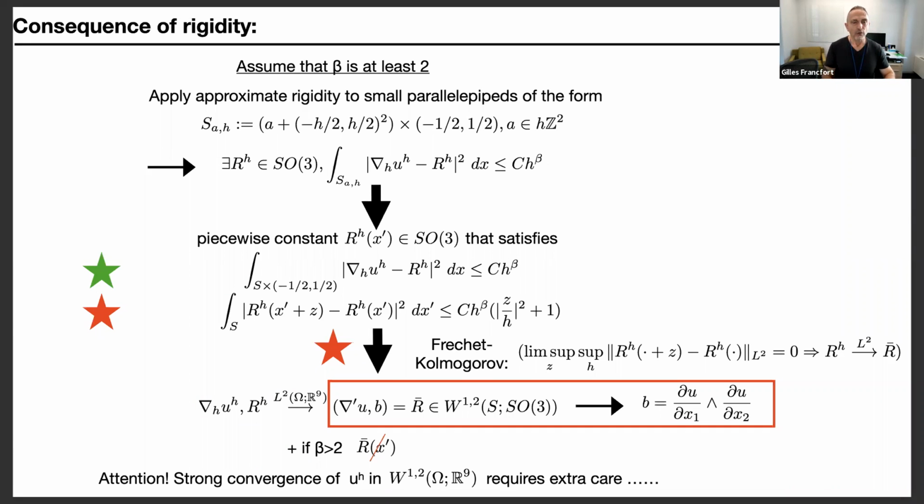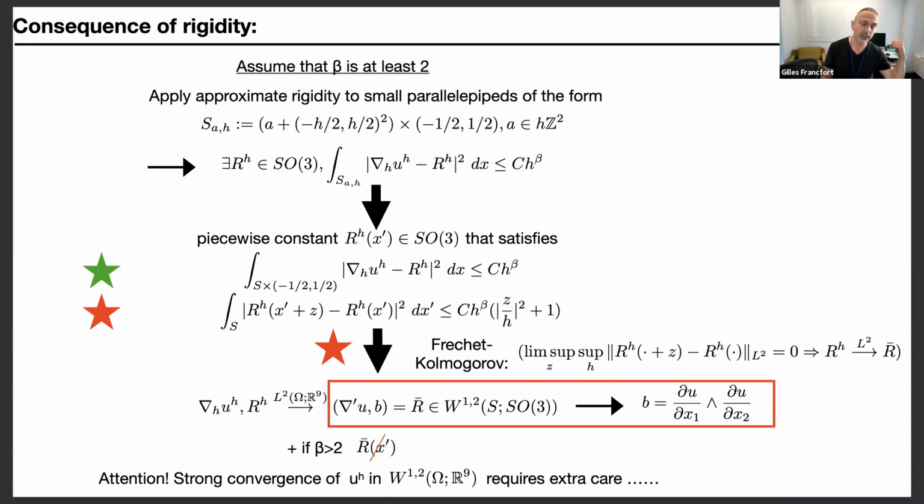Now, because of the green star inequality, the rescaled gradient of u_h also converges strongly in L2 to the same thing, to a rotation R bar.